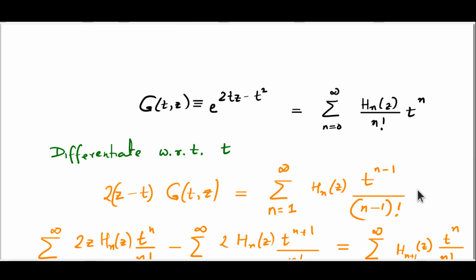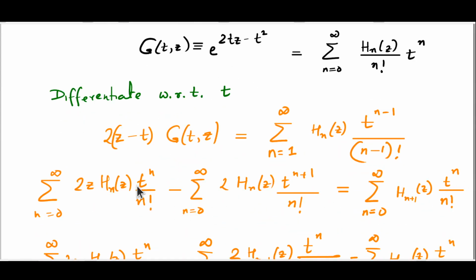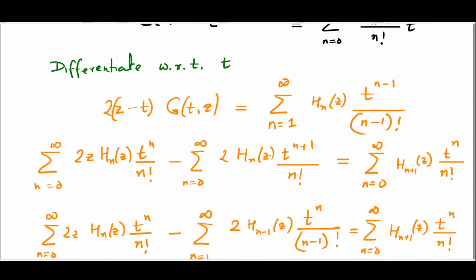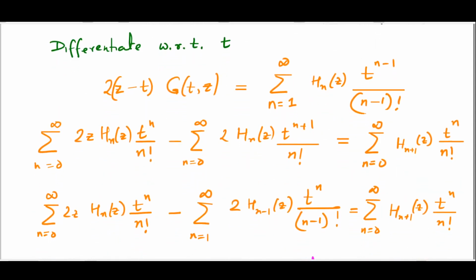On the right hand side you have a power series in t. The left hand side also is a power series in t simply by replacing gtz by hn here. Of course, this 2z and 2t breaks it up into two pieces. One piece has t to the n. The other piece has t to the n plus 1, which is just this outside t multiplying the t to the n. So what is left is simply to bring everything back to the same power.